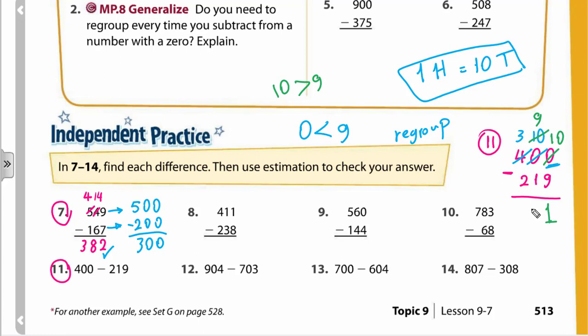Take away 1 from the 9, it will be 8. 3 minus 2 equals 1. So the difference is 181.